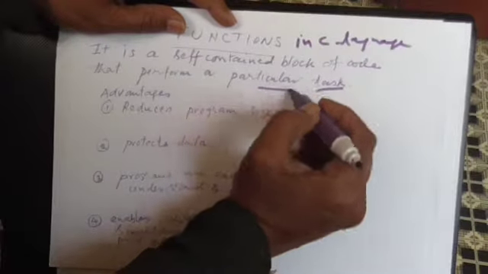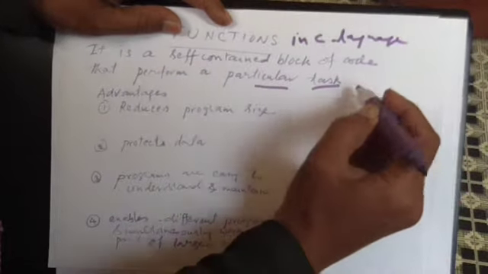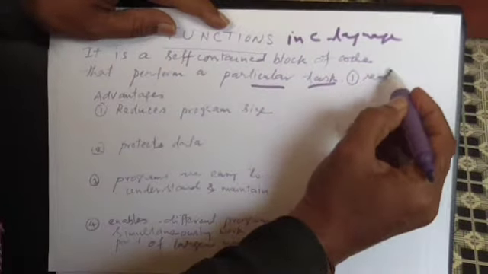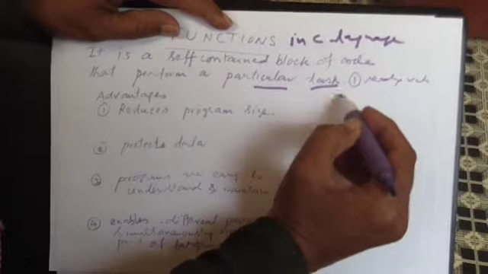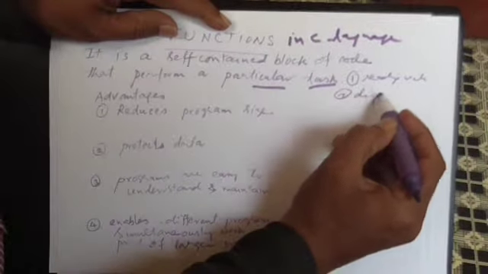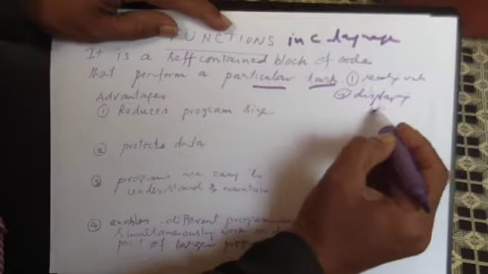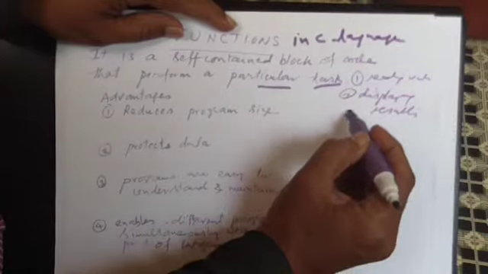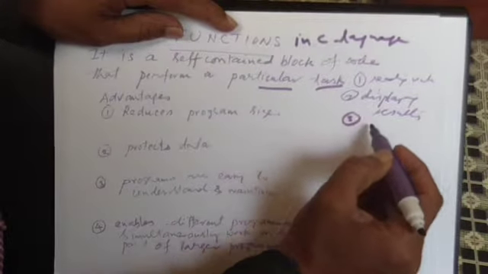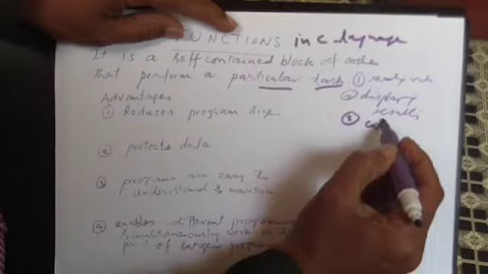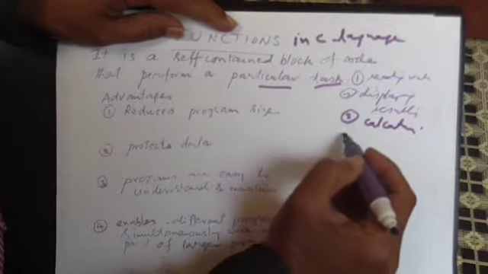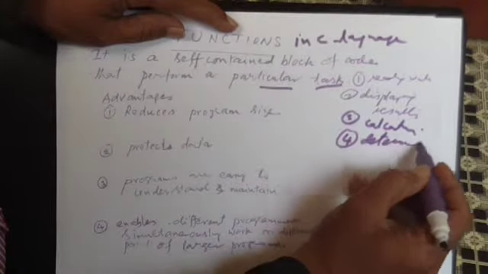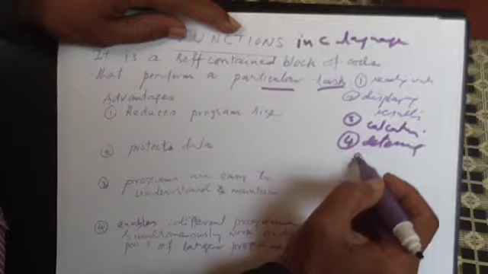When we say a particular task, the task can be anything, let us say reading values, displaying results of computation, computing some calculations, or determining whether a number is prime or not.